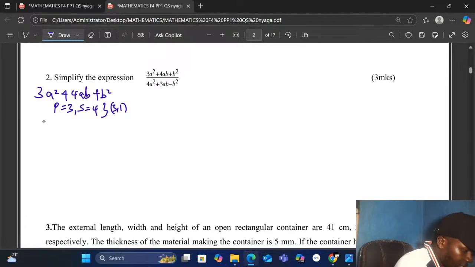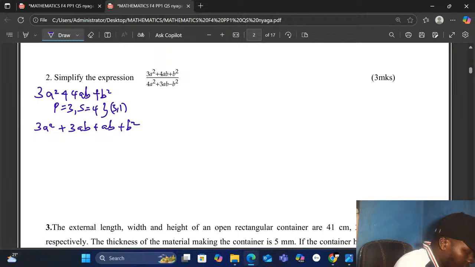So you shall have 3a squared plus 3ab plus ab plus b squared.